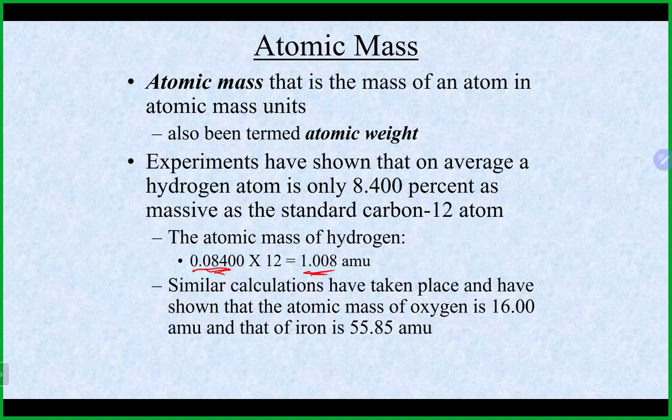Same thing if we look on the periodic table, we will see the atomic masses of everybody up there, like iron is 55.85, which means iron has 55.85 AMU per atom, as a way to use the atomic mass that you find from the periodic table.